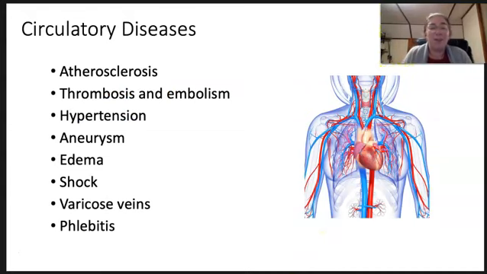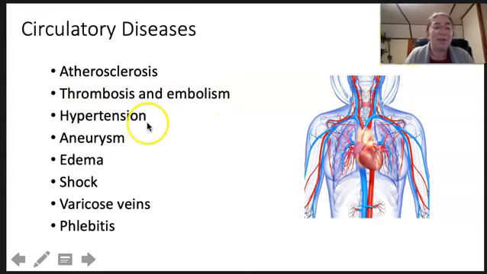So the circulatory diseases that we're going to cover in this chapter are atherosclerosis, which literally means the fatty hardening condition. It's a condition where the arteries get fat plaque buildups, and the walls also begin to harden. Thrombosis and embolism, which are issues involving blood clots.